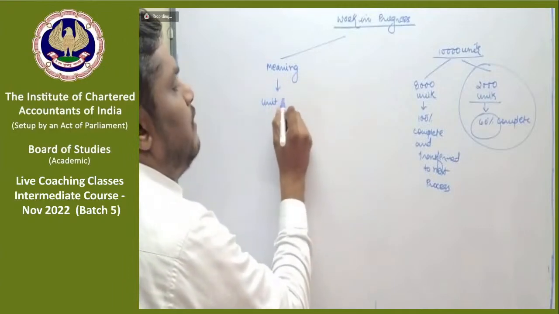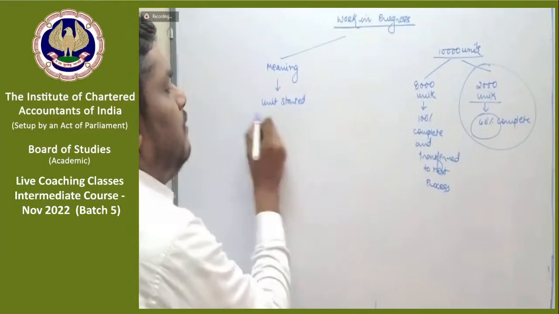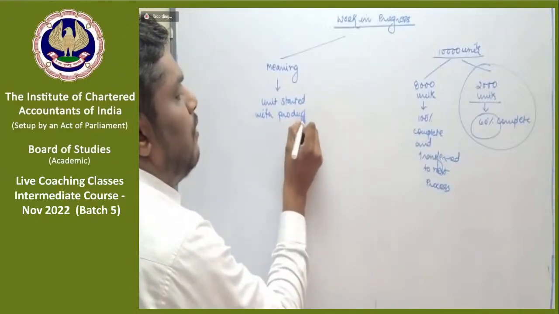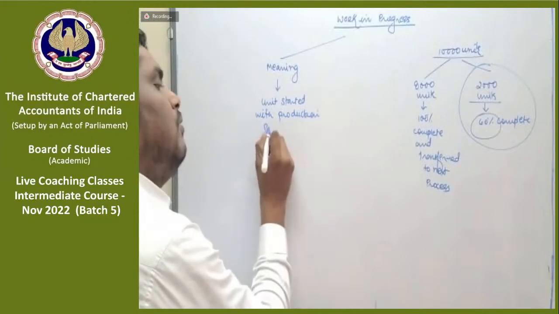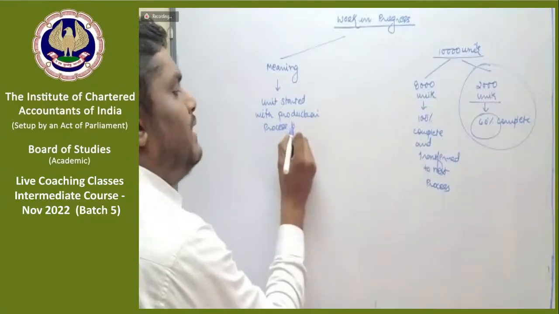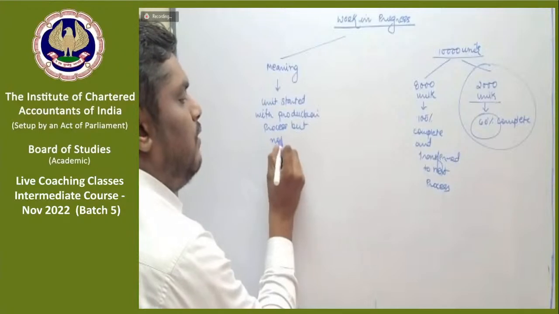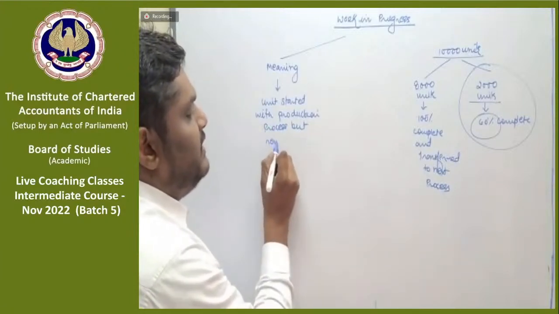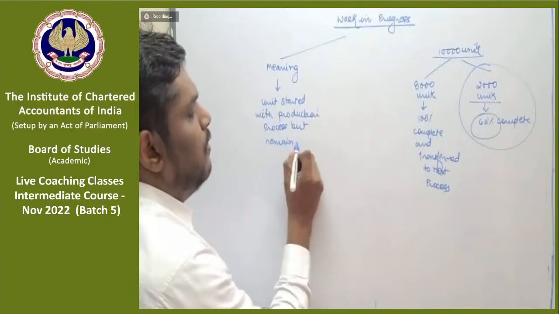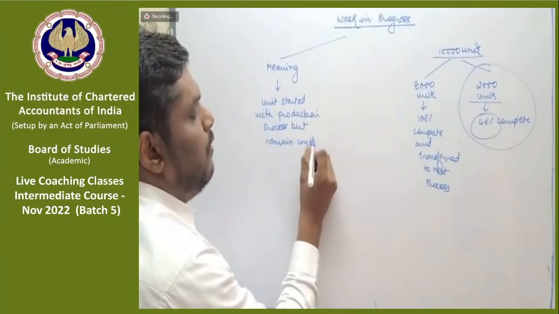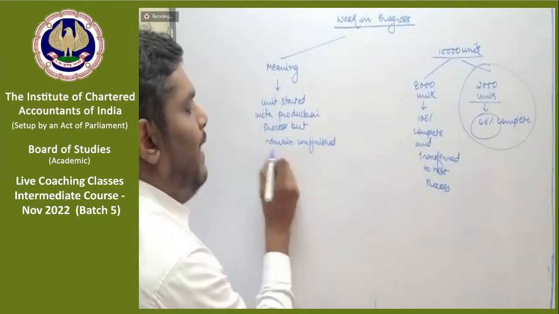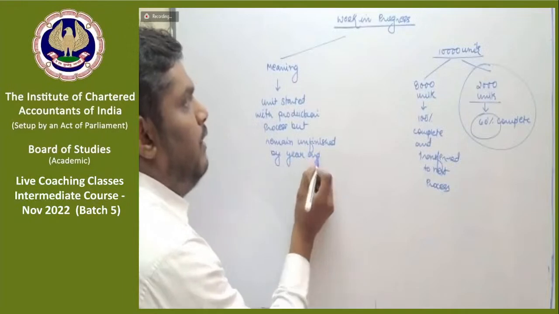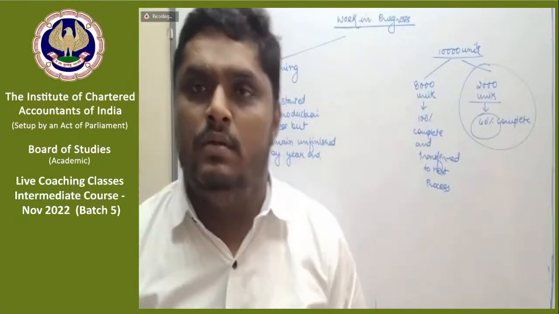Units started with production process but not complete, but remain unfinished by year end is work in progress.